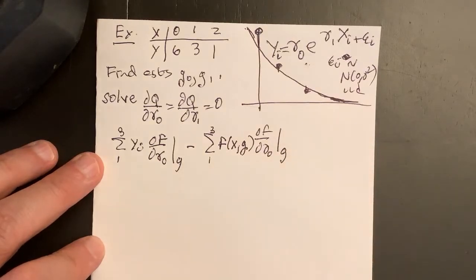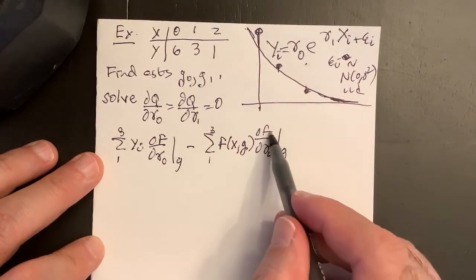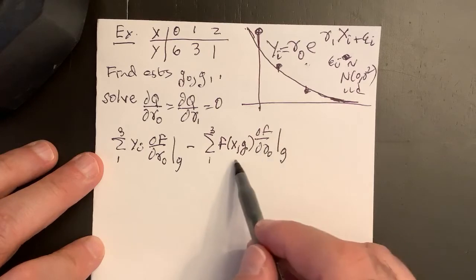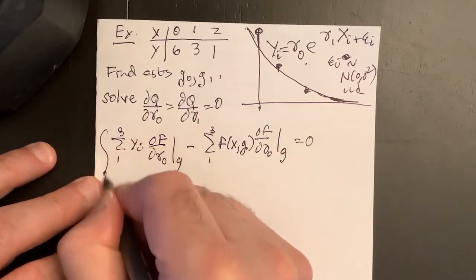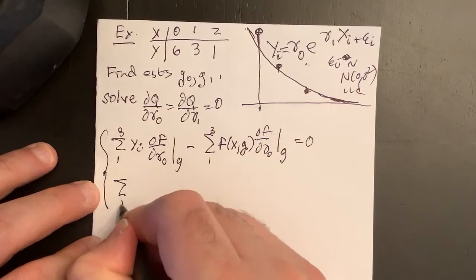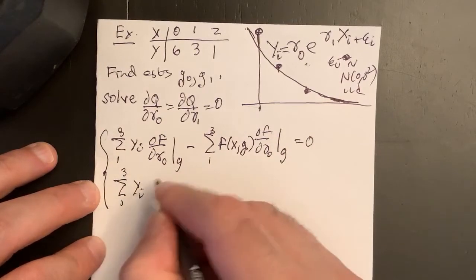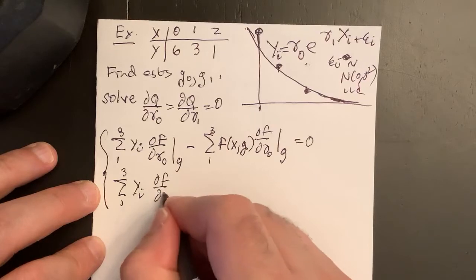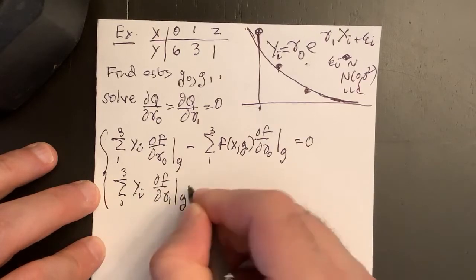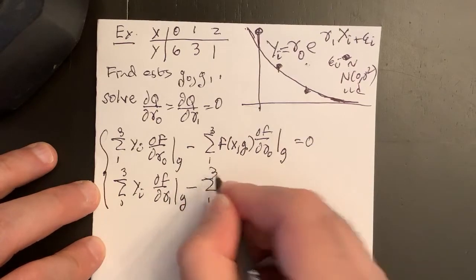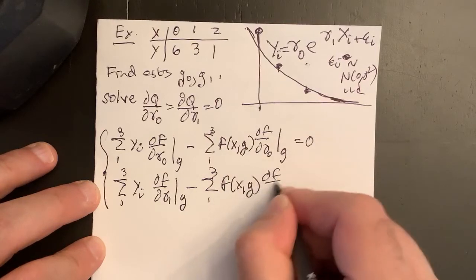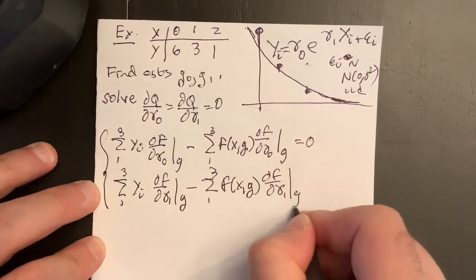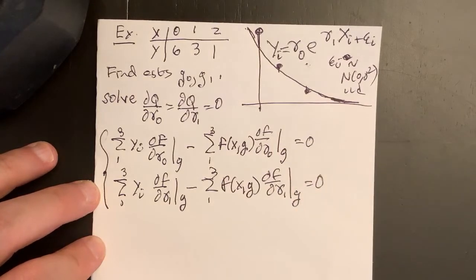Actually, this is at g because f could have other things besides gamma 0 in it. This equals 0, and then we also have the same thing with df/dgamma 1 evaluated at g, equal to 0.